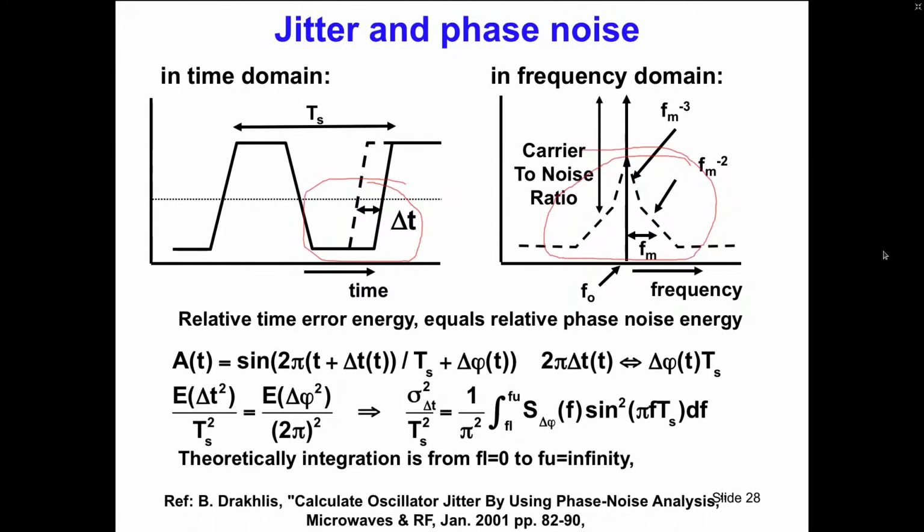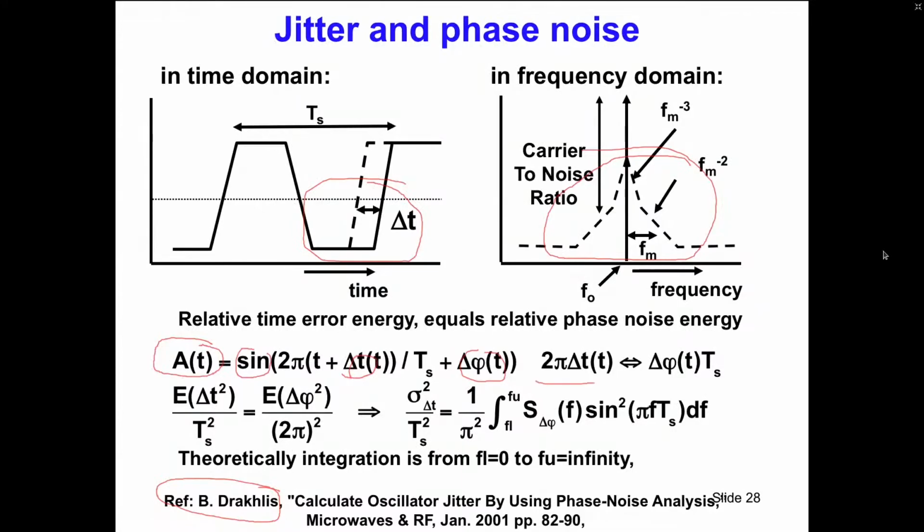And there is a very interesting paper by a certain Mr. Drakris, in a rather advertisement kind of journal, but really worthwhile going into. They used as a starting point that if you have a sine wave, and in that sine wave there is jitter and there is phase noise, then those things have the same effect.